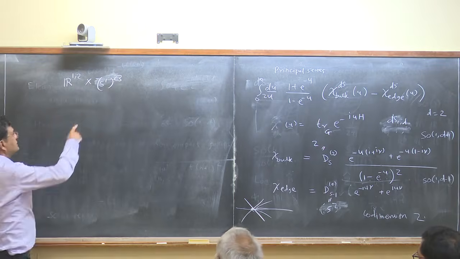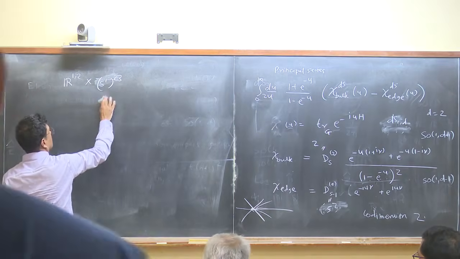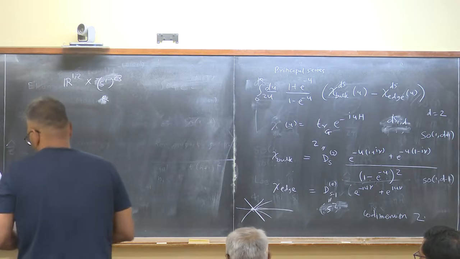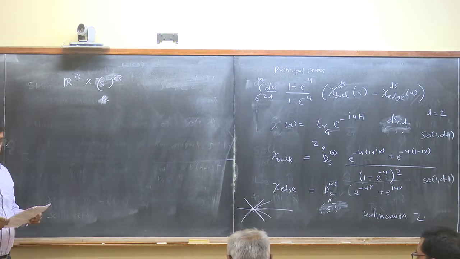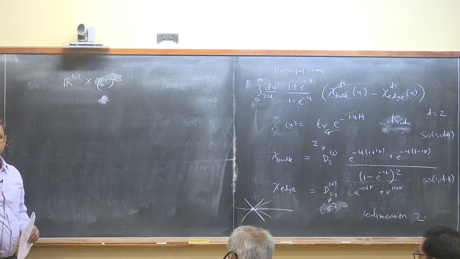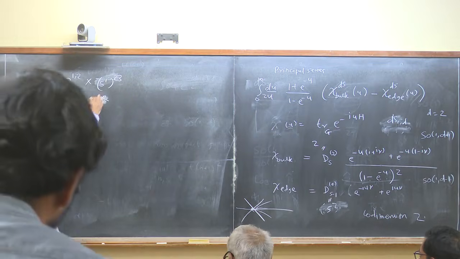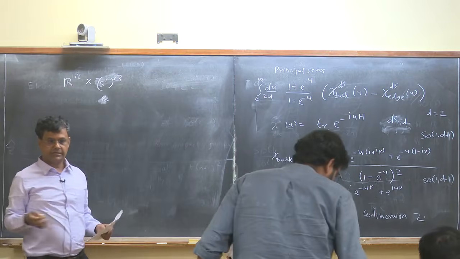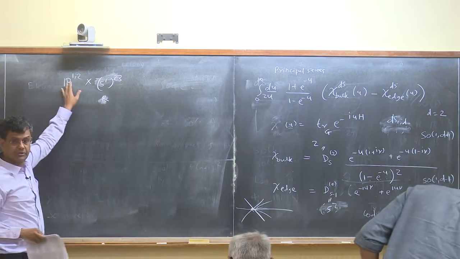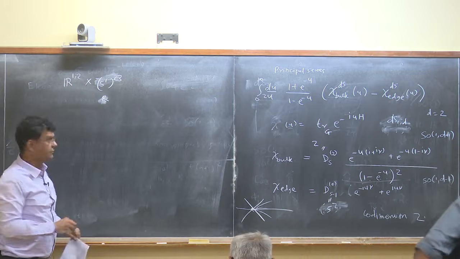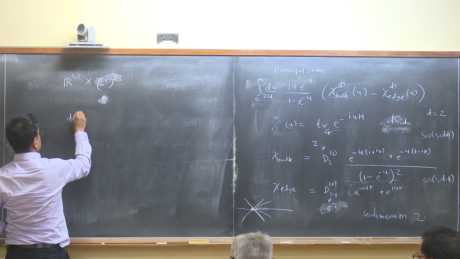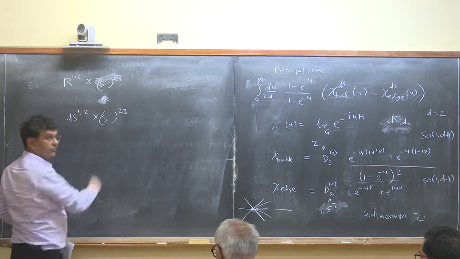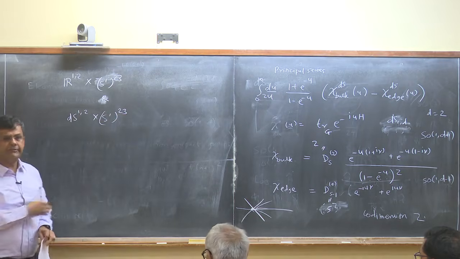I will take this S^1 to be of radius R. What will happen if I take bosonic string theory? I will get a whole set of fields and states in R^{1,2}, but I can now replace this by dS^{1,2} with very low curvature.